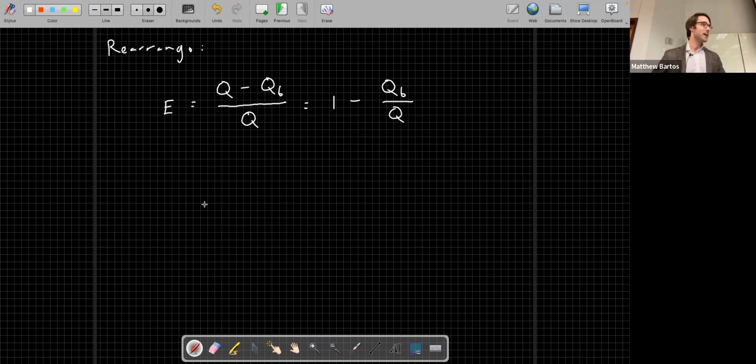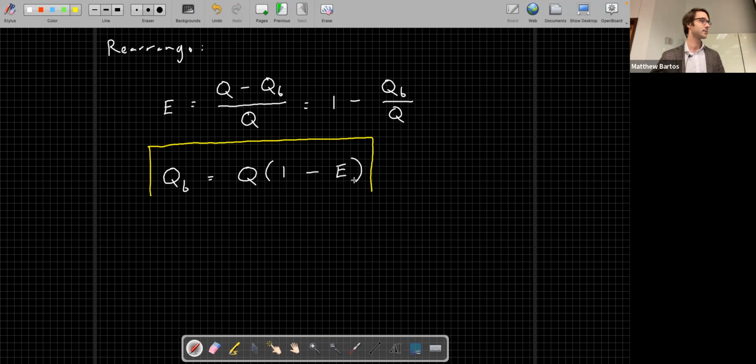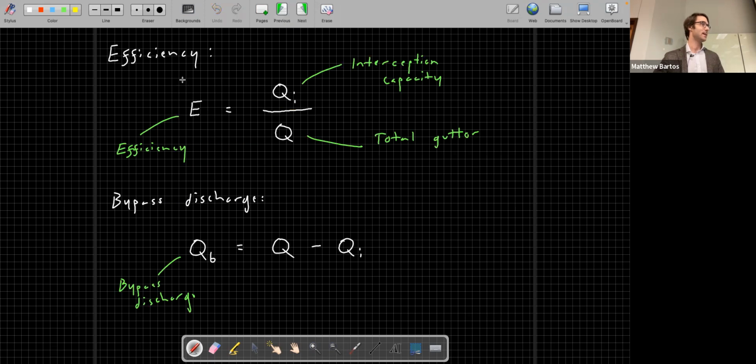If we rearrange this again, we get another expression for the bypass discharge: the bypass discharge is equal to the total gutter flow times quantity 1 minus the efficiency. That just comes from rearranging this equation here. I'm going to highlight this equation, and I'm also going to go back and highlight this equation here.